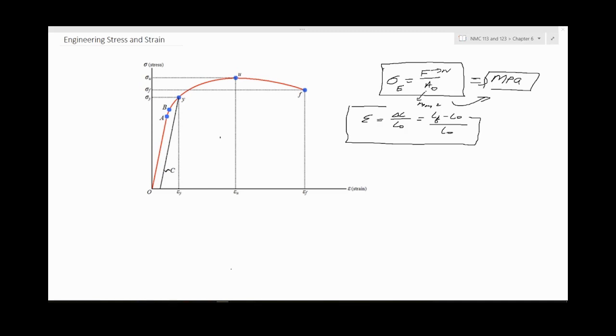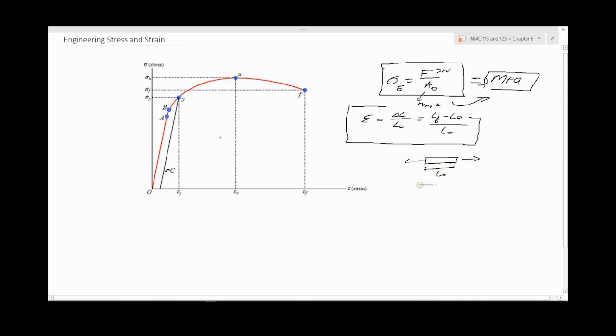So basically you would have something like this. If this is your original sample, and you apply a specific tensile force in a uniaxial direction. In this case, if it's flat like that, it's in the horizontal uniaxial direction, and it has an original length here, L0.